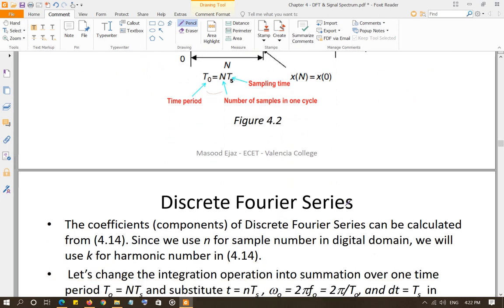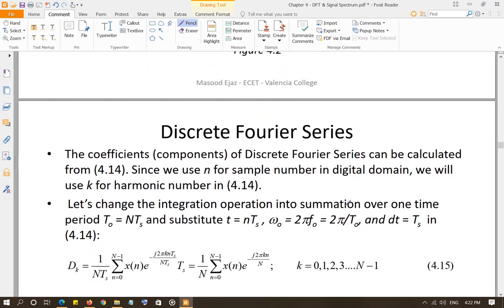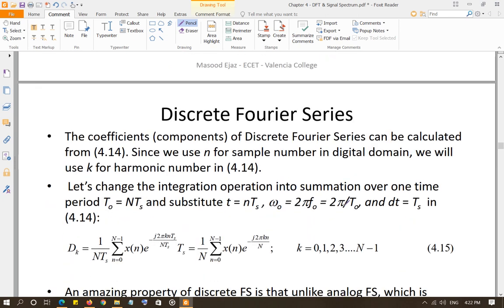Now let me rewrite this. We are going to take our Dn from the exponential Fourier series.